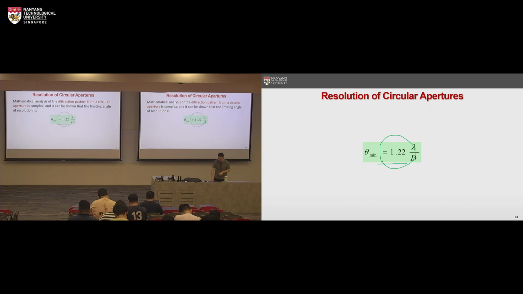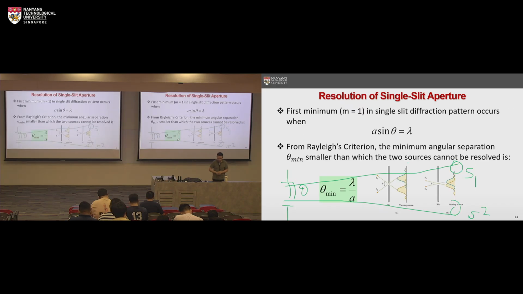The previous one, you can understand as if you consider everything on a 2D plane: what is the angle you need to open so you can see two objects clearly.